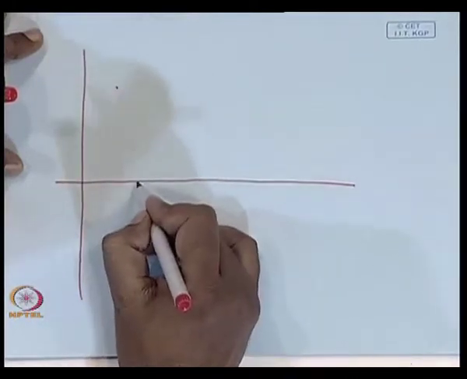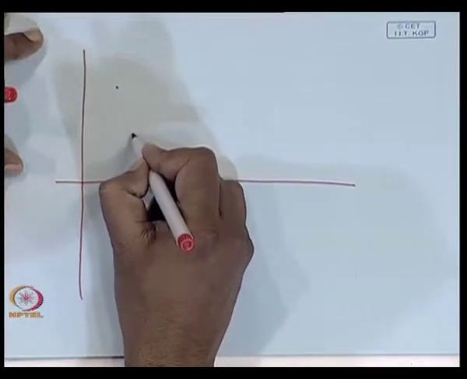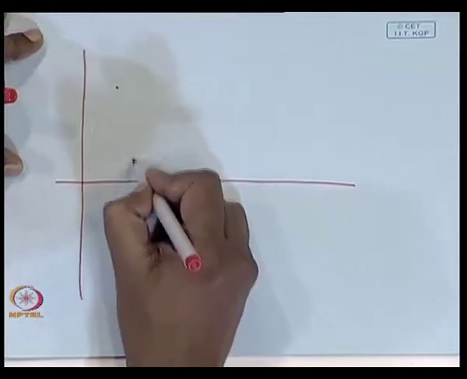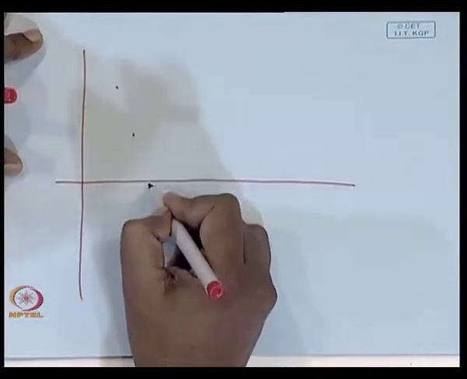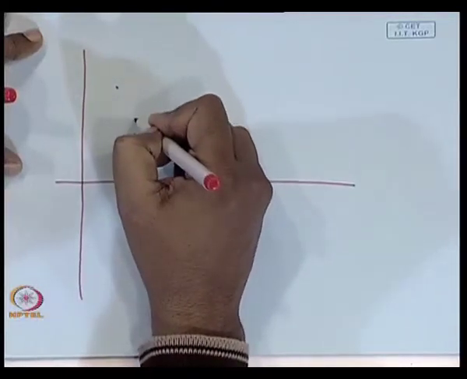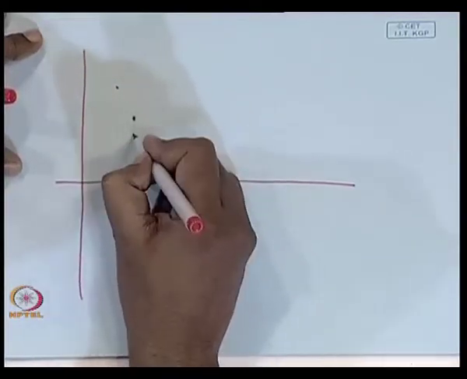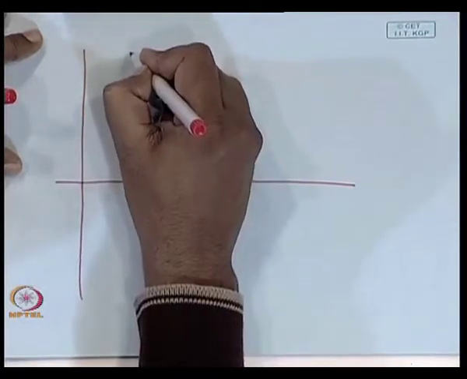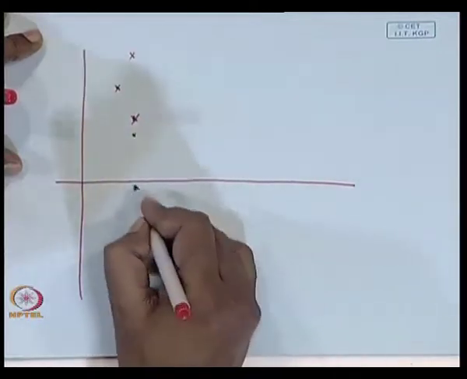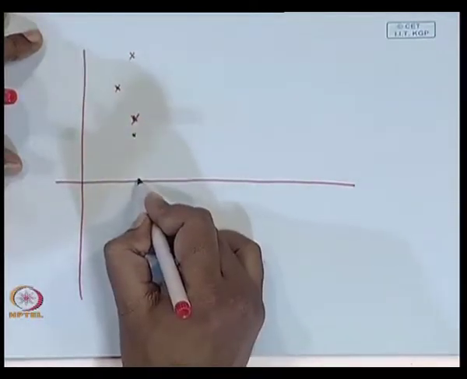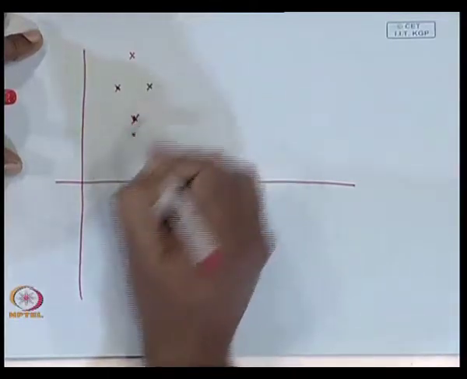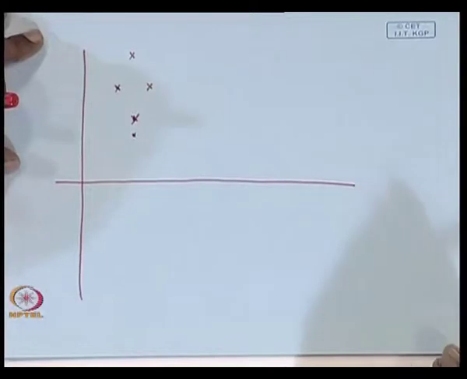Then I have points 3, 4. I have 3, 8. So, this is 1 point, this is 1 point, this is 1 point, and I have 4, 6, that is this point. So, these are the points which belong to class omega 1.